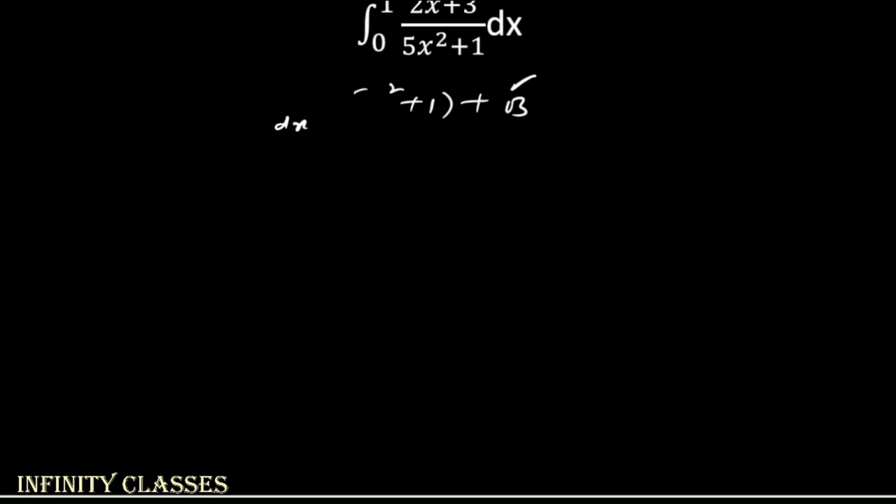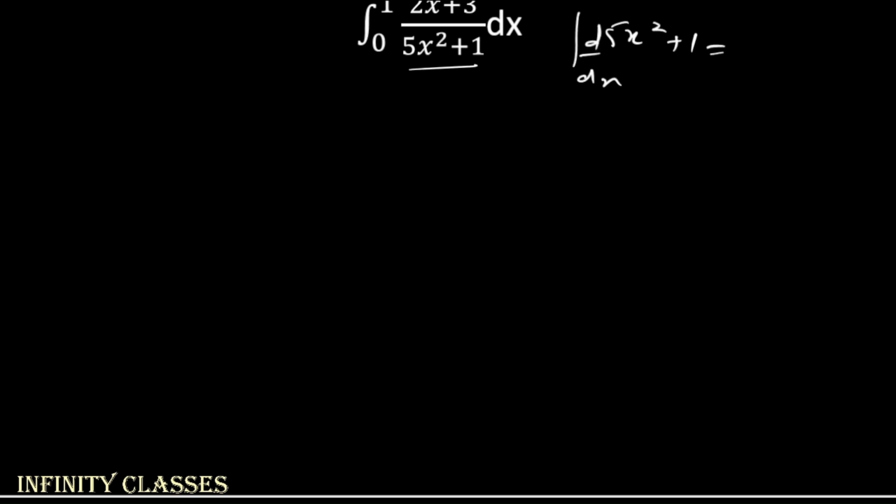It is one method also, if you are unable to understand this. So what we will do, we will take the derivative of this one. As we know, the derivative of 5x square plus 1 is 10x. So we'll try to make the numerator the derivative of the denominator.